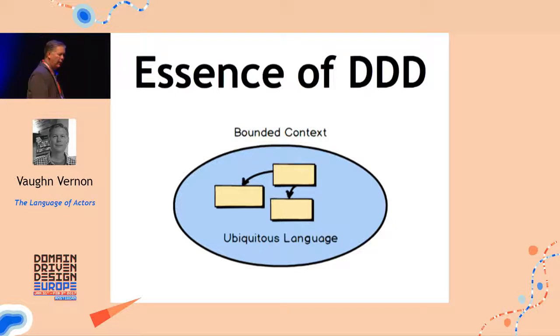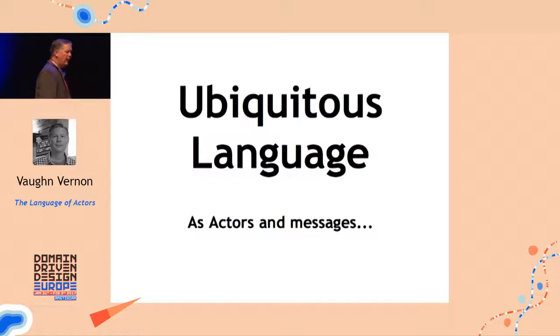When Eric wrote his seminal work on domain-driven design, he said that object-oriented programming is a good way to express a domain model, and I agree with that. So if we are focusing on a ubiquitous language, how do we implement a ubiquitous language with actors and messaging? Does it work well?